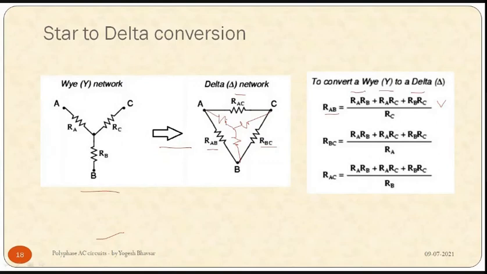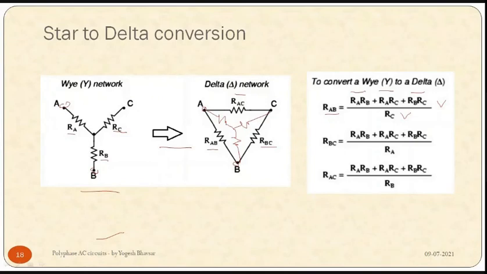Look at it, when we calculate AB, at this point there is A and there is B. In between A and B, there are two resistors, RA and RB, but not RC. It is not coming in that particular branch. So in the denominator we have that resistance RC.